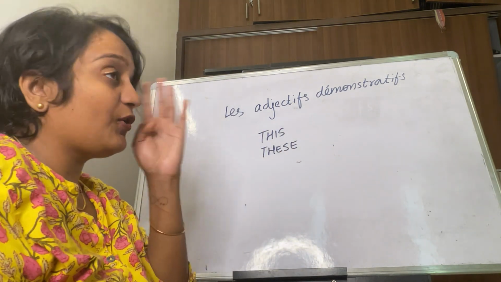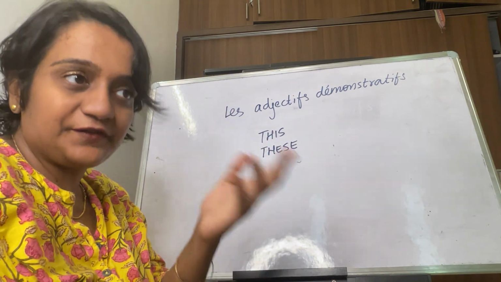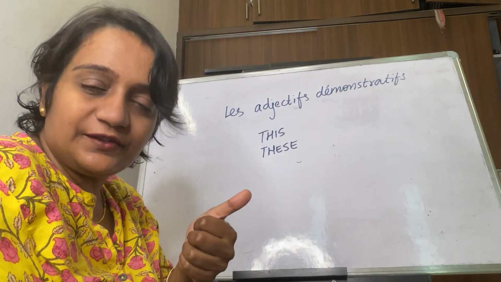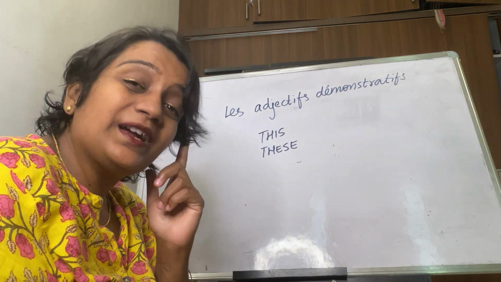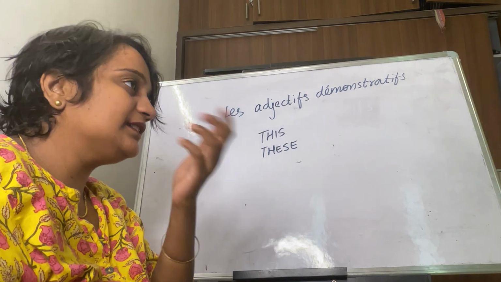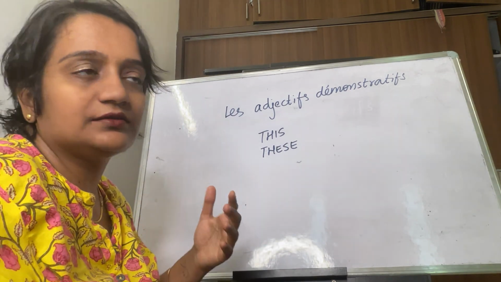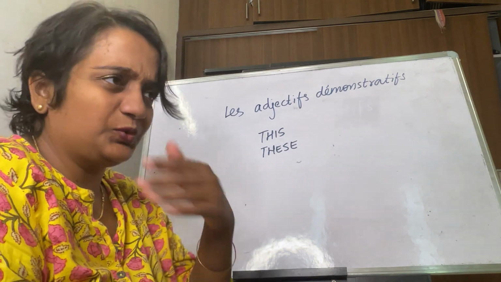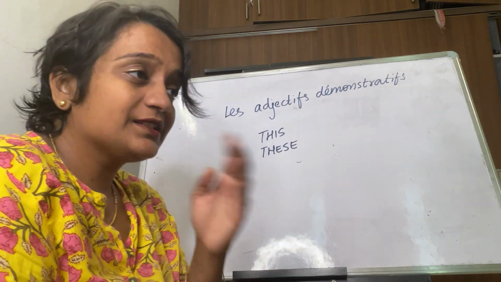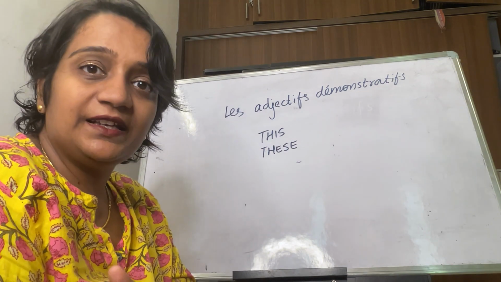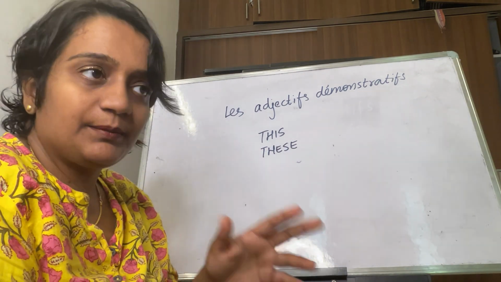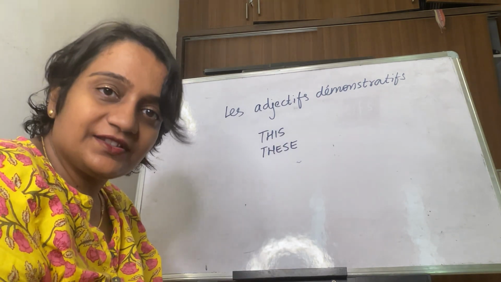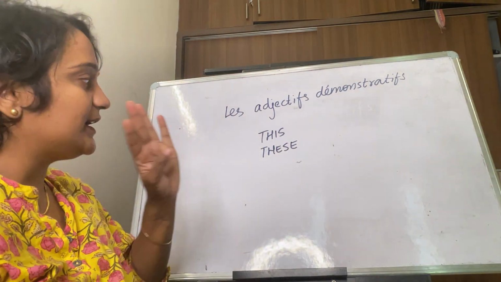Okay, and we have 4 ways of saying this and these in French. Again, why so much complexity? Because we have genders in French, masculine, feminine, and we also have numbers.